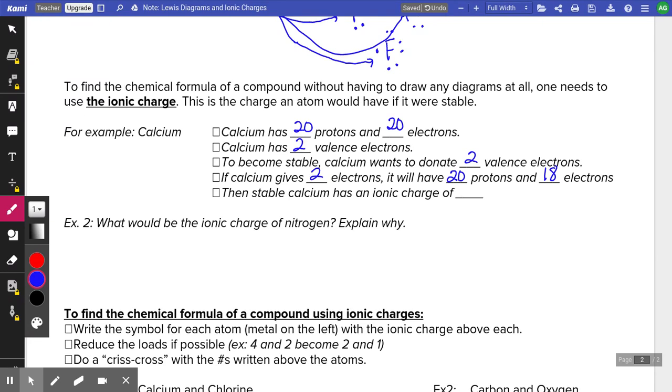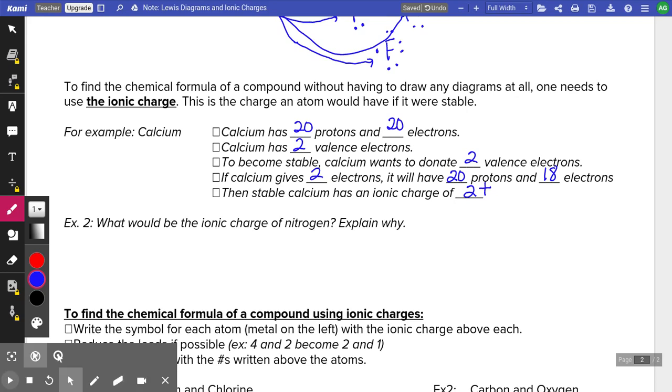That's why it has a charge of 2+. The ionic charge is the charge that an atom will have once it's gotten rid of or gained valence electrons like it wants to. It doesn't change the number of protons. So it just changes the number of electrons. And remember, protons are pluses and electrons are minuses. So you can literally just do some math and figure out what the ionic charge is.